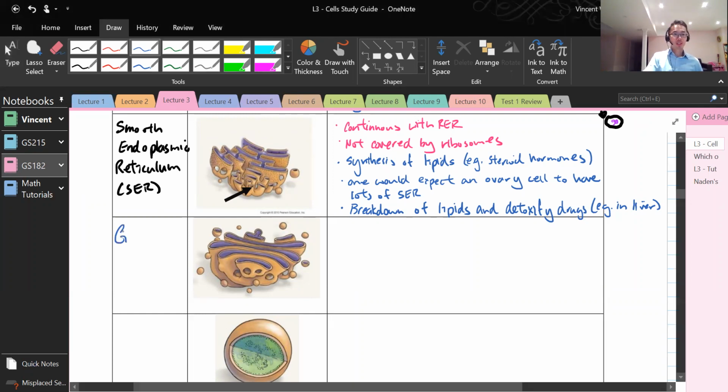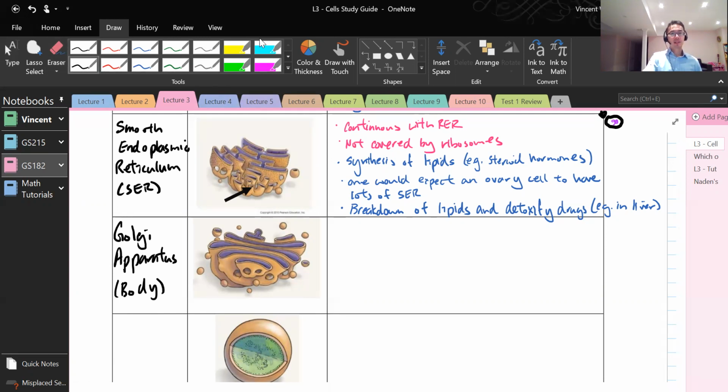Golgi apparatus, or body, doesn't really matter. So Golgi body works like this. Well, let me give you the description of the structure first.